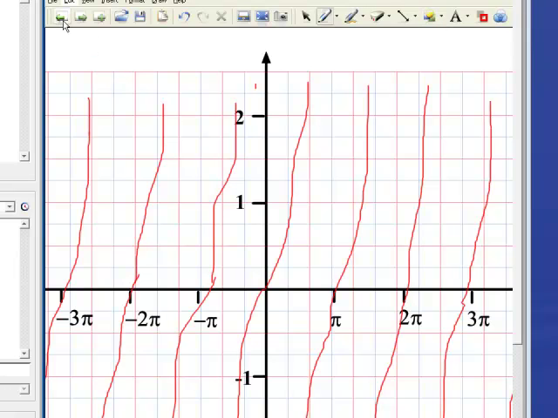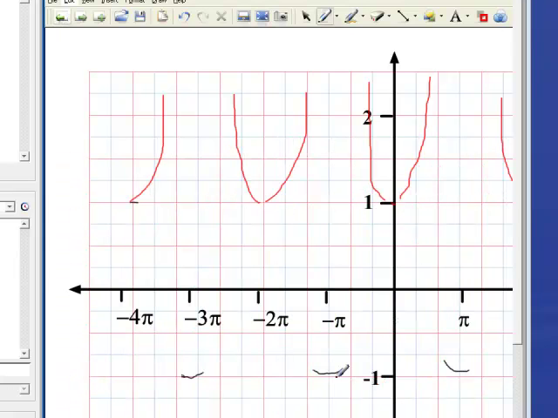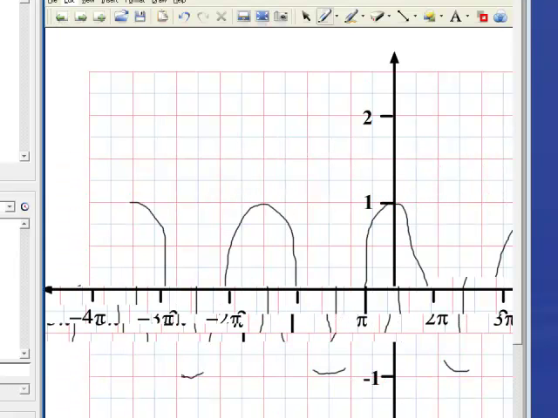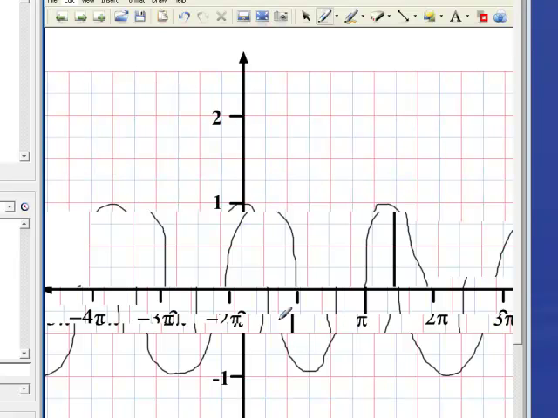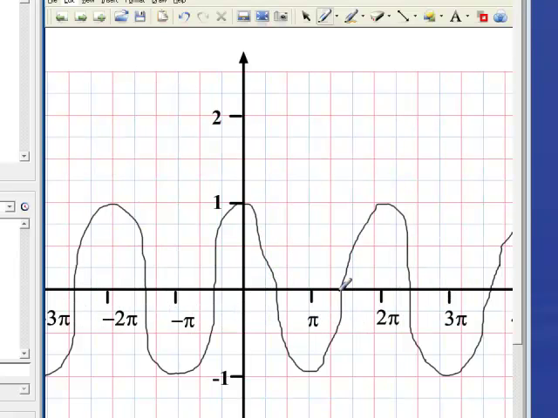I'm going to go back here for the cosine. So it says that the cosine is 0. Well, the cosine is 0 at pi over 2, 3/2 pi. And those are only between 0 and 2 pi. So that's where the cosine is 0.